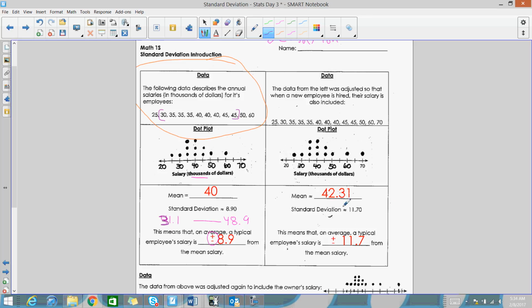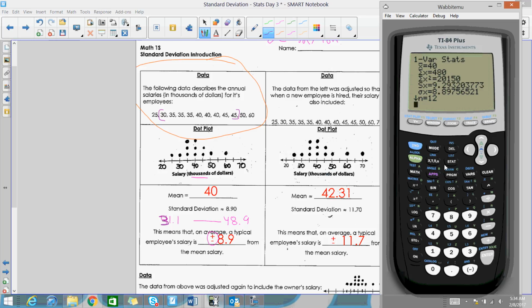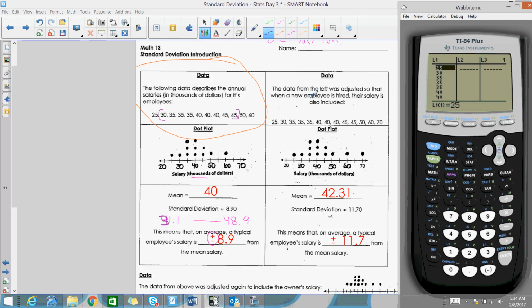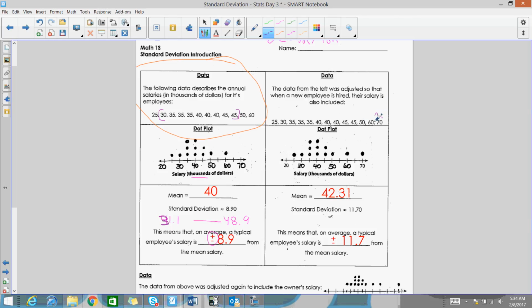So if you were to do this set of data over here, which is what I want you to do, all you're going to do is go back to your calculator and go stat, go to edit. The only thing that happened, it says the data from the left was adjusted so that a new employee was hired and their salary was also included. Here's the new person's salary.